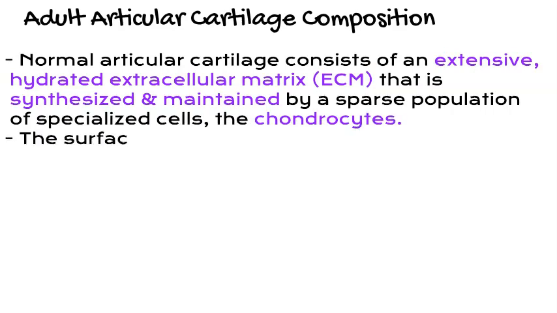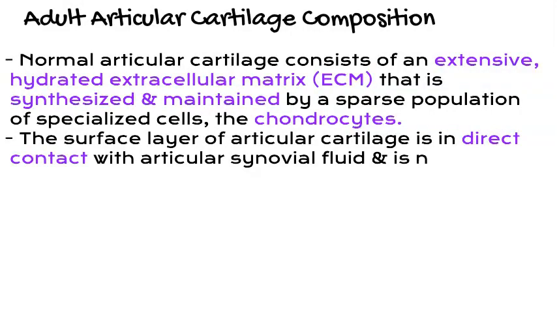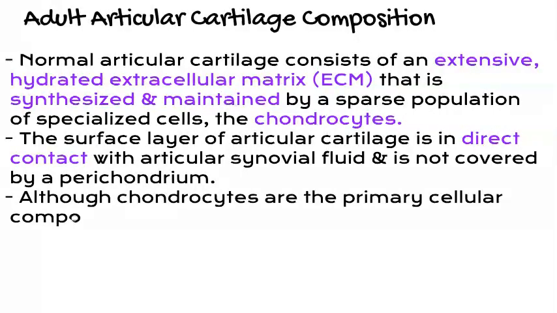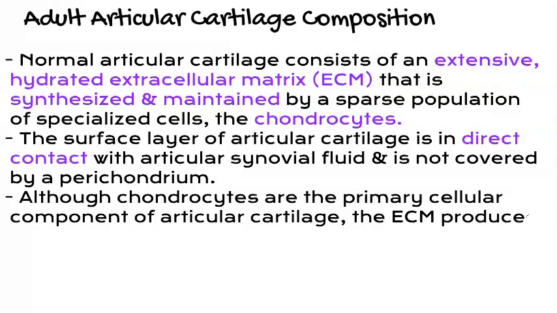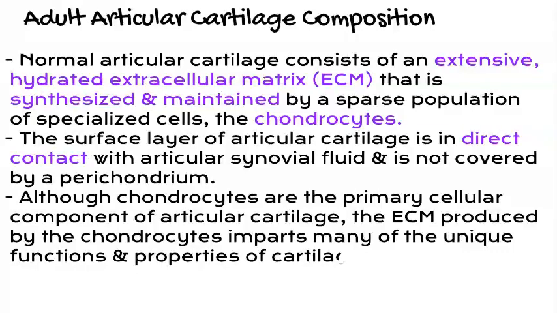The surface layer of articular cartilage is in direct contact with articular synovial fluid and is not covered by a perichondrium. Although chondrocytes are the primary cellular component of articular cartilage, the extracellular matrix produced by the chondrocytes imparts many of the unique functions and properties of cartilage.